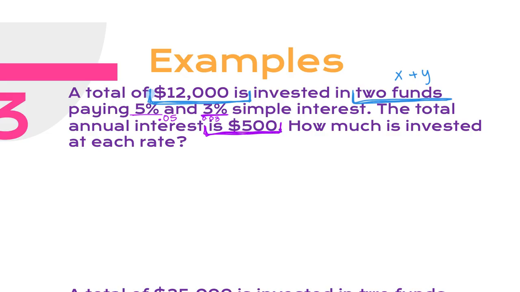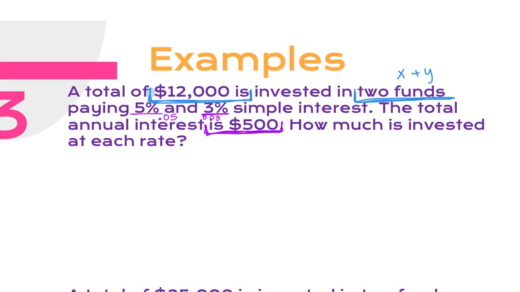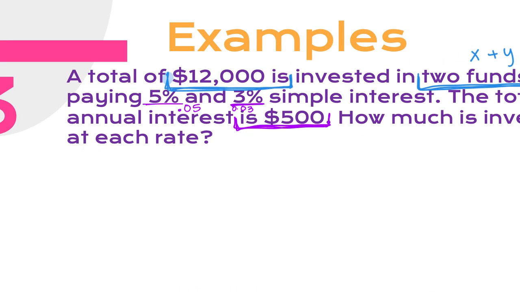So writing what we have, write it small because you do need the space to write it. So what do I have? I have my amount invested, and my amount invested is 2 funds. I have X plus Y is going to equal $12,000.